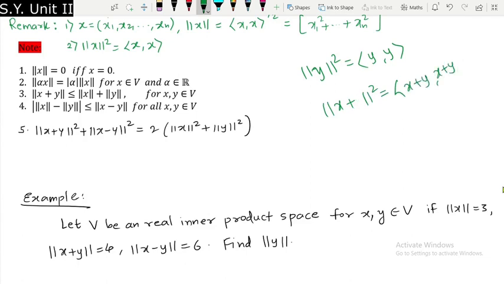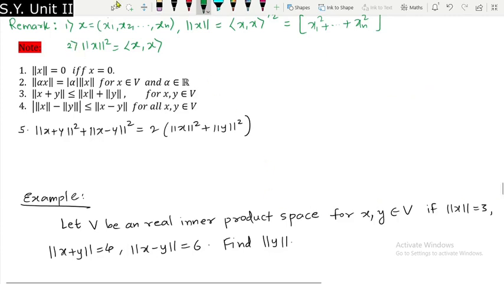Let us focus now on some important notes of norm. Norm of x is equal to 0 if and only if x is equal to 0. This you are supposed to note first of all. The properties over here can be easily proved by using simple properties of inner product.